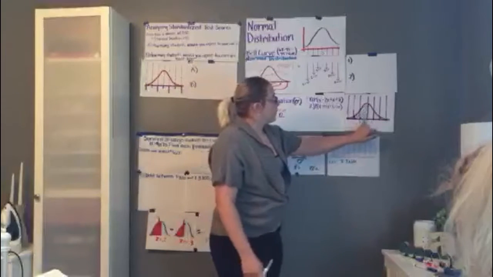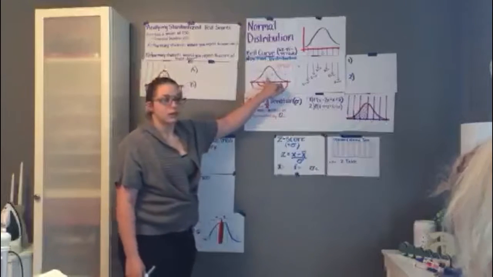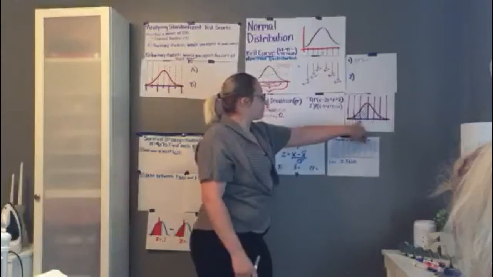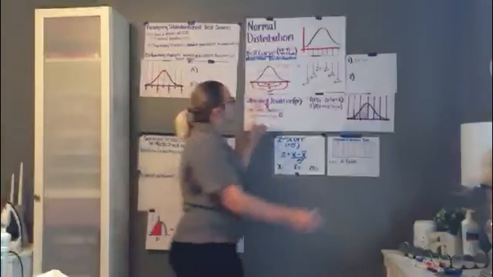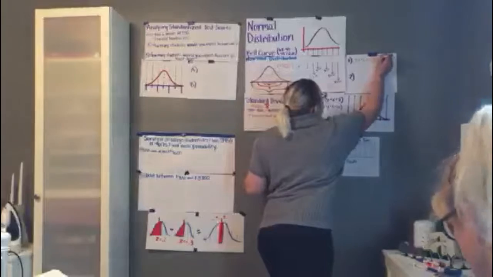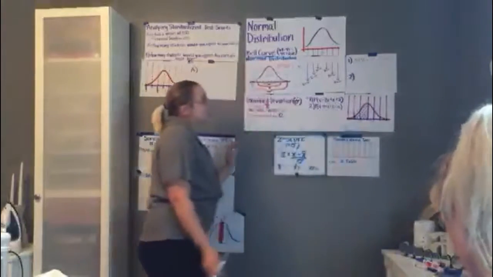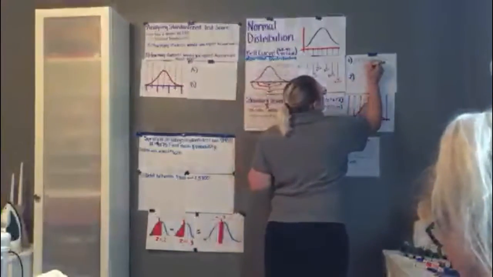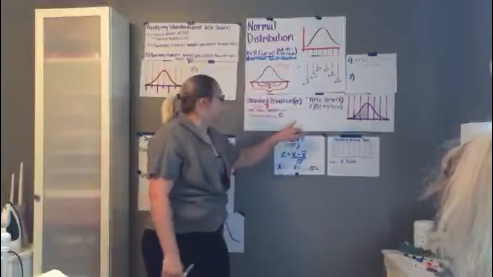So what would be one standard deviation below the mean? 34. Okay. And then all you do to find the total would be add them. So what's 2 standard deviations below? 13.5. So you add that to get 45.5. Or I'm sorry, 47.5.